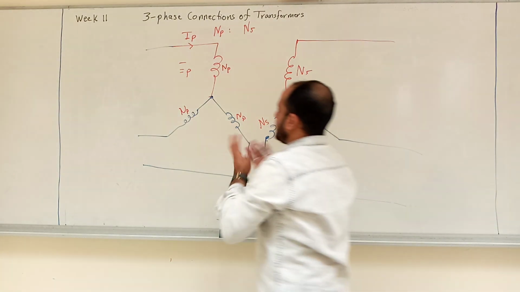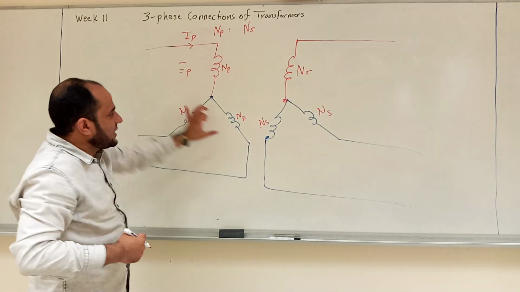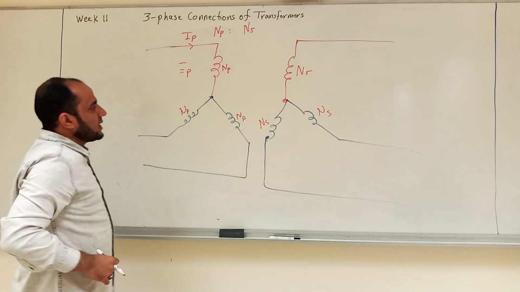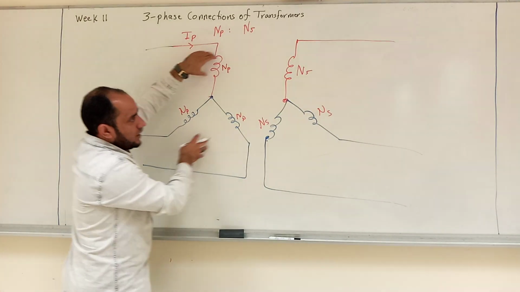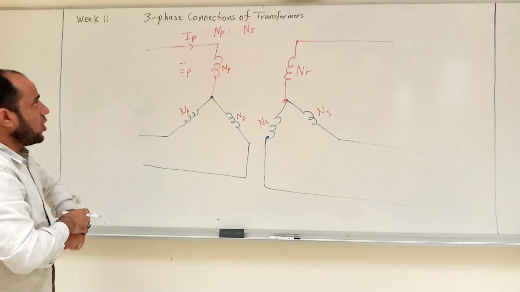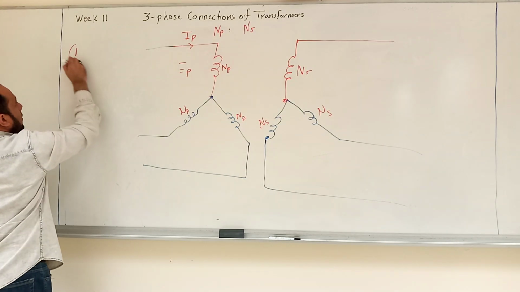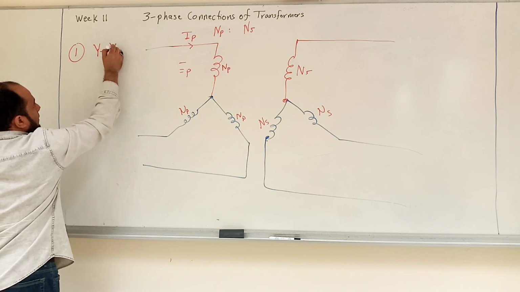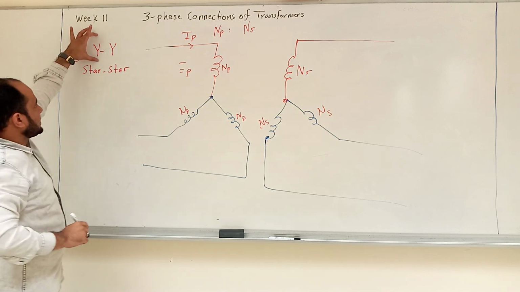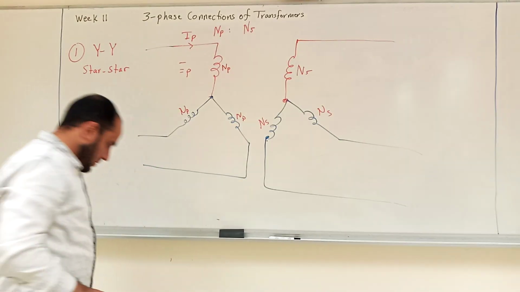So basically it's the same idea, but now instead of one single phase transformer, we have three single phase transformers that we connect in the shape of Y. This is a Y to Y connection, right? So the first connection of three single phase transformers is the Y to Y connection, or we call it star to star connection. So the primary side and the secondary side are both connected in Y shape. Good, great, okay.